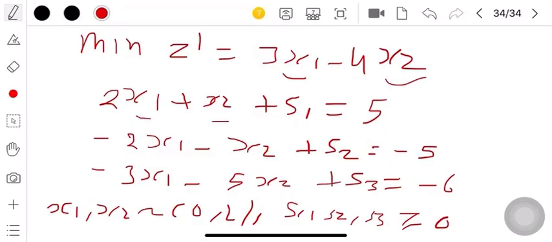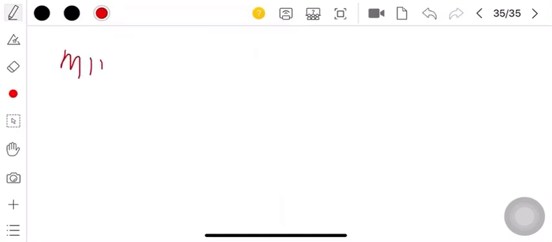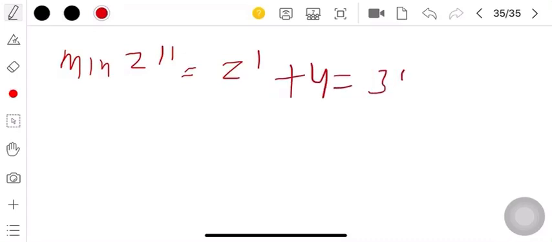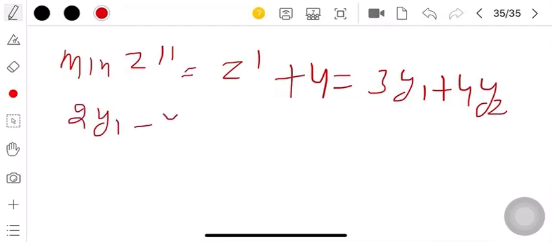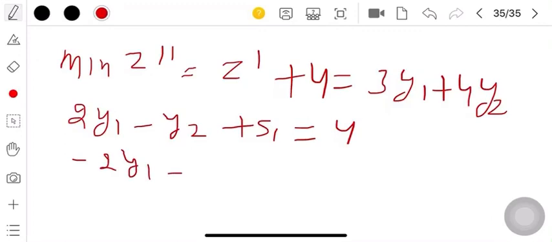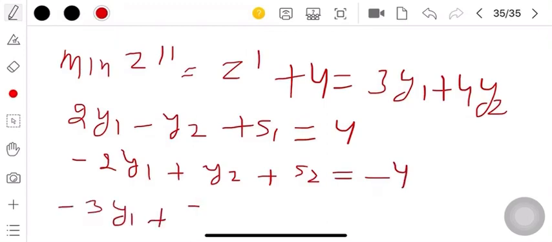After doing this, we will get: minimize z double dash equals z dash plus 4, which is 3y1 plus 4y2, subject to 2y1 minus y2 plus s1 equals 4, minus 2y1 plus y2 plus s2 equals -4, and minus 3y1 plus 5y2 plus s3 equals -1. So this is the problem which needs to be solved.